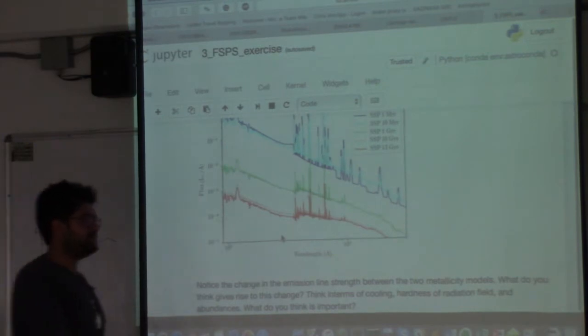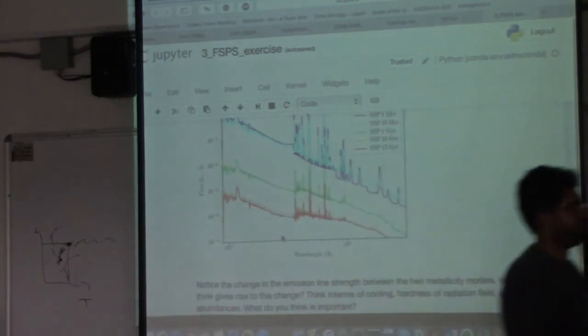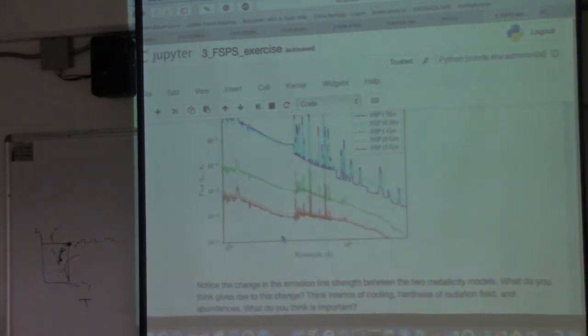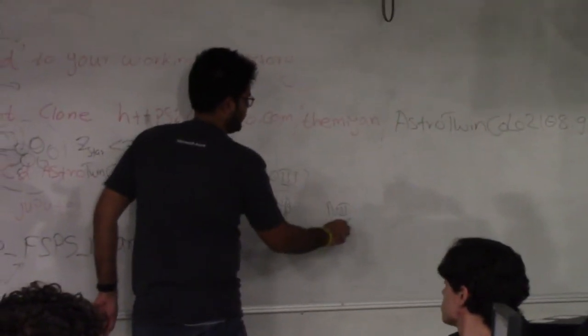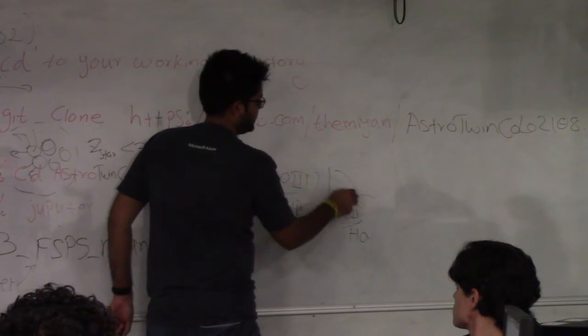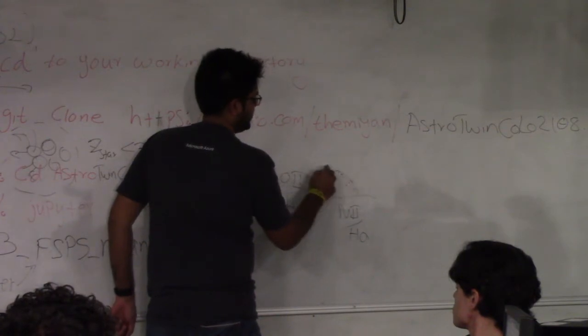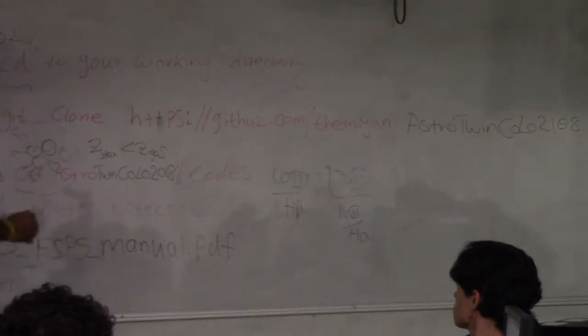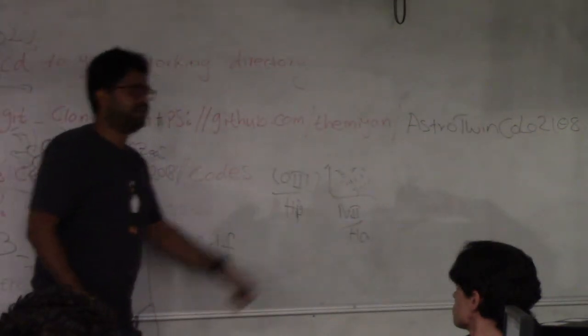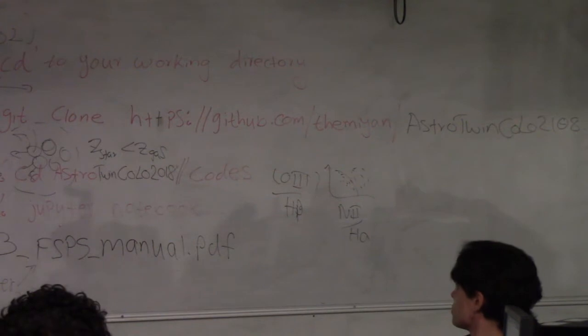For example, in normal observations, the oxygen 3 to H beta ratio and the N2 to H alpha ratio will give you the regions of star formation compared to AGN activity, which you can use to understand the strength of this ionizing field.